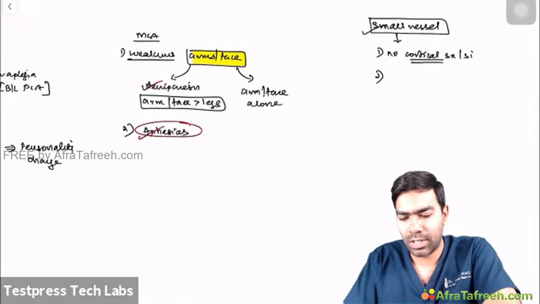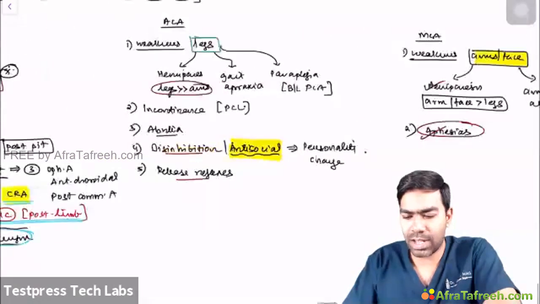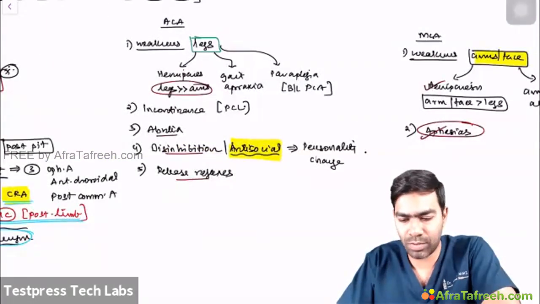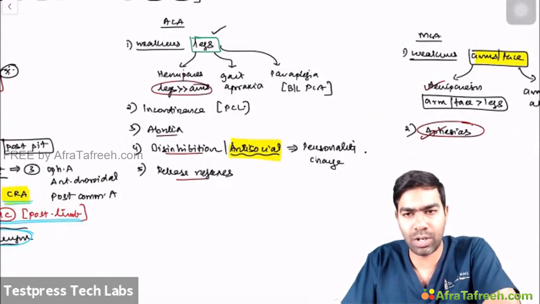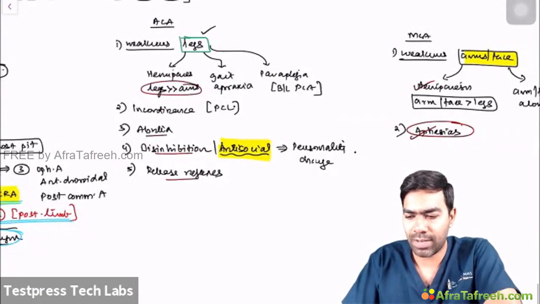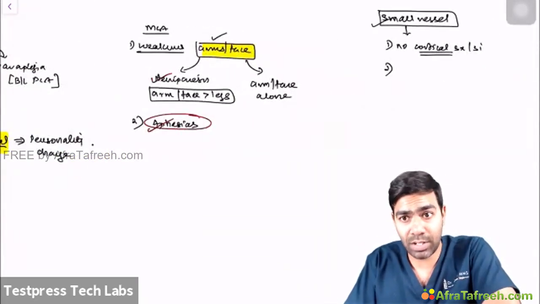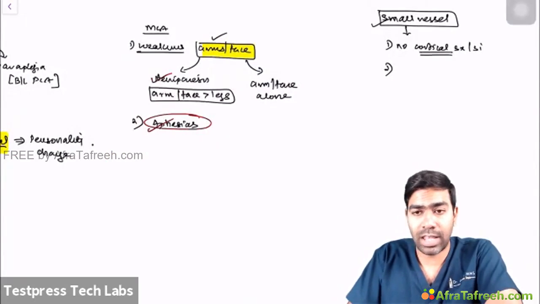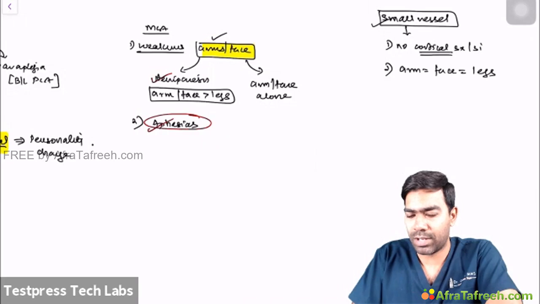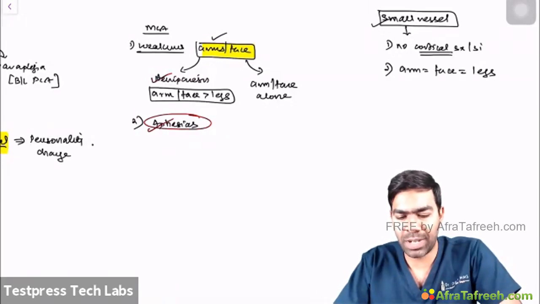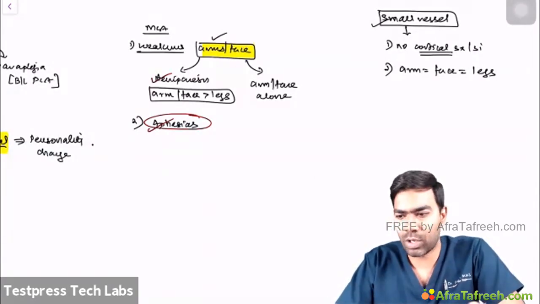Number two, as I told you, whenever you get a large vessel stroke, there will be differential distribution of weakness. For example, in AC territory stroke, your legs are involved more than the arms, whereas in MC territory stroke, your arms and face are involved more than the legs. But as far as the small vessel stroke is concerned, there will usually be no difference. I mean, in fact, there might be a difference, but there won't be much difference between the arms, legs, and the face, in the sense that there will be equal distribution of weakness in all these areas because it's not cortical.